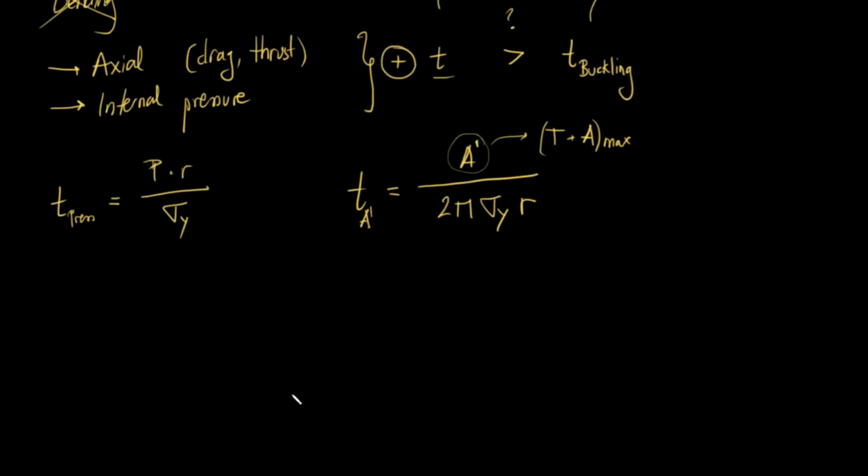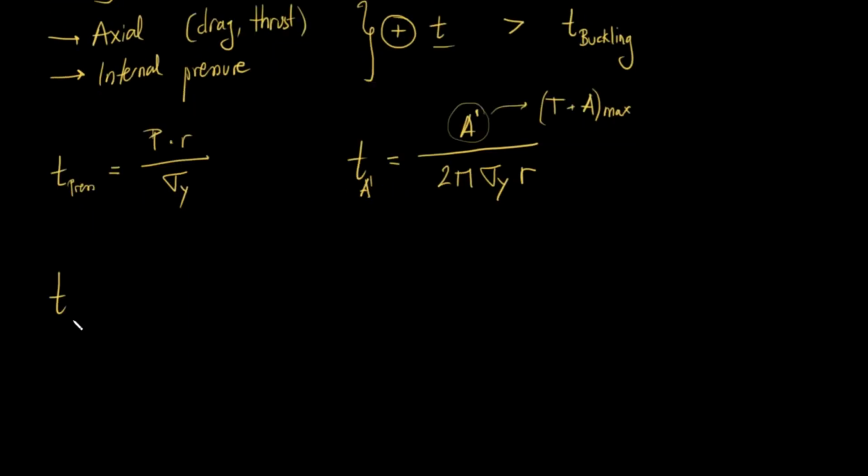Alright, so what we do is we're going to sum these two up and add a factor of safety. So let's put T is equal to the factor of safety times the thickness due to maximum pressure plus the thickness to withstand actual loads.